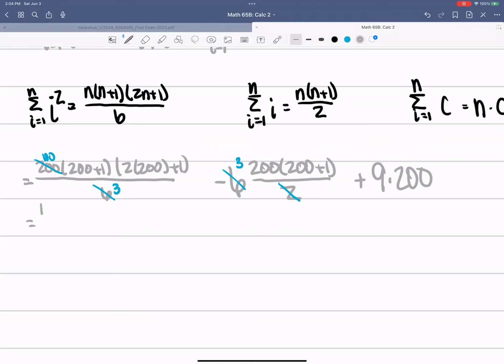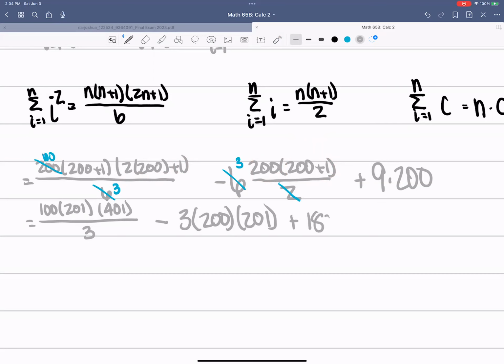So here we have 100 times 200 plus 1 is 201, times 200 times 2 is 400 plus 1 is 401, divided by 3, minus here we have 200 times 201, or actually 3 times 200, 201. And lastly, we have 9 times 200, which is 1800.